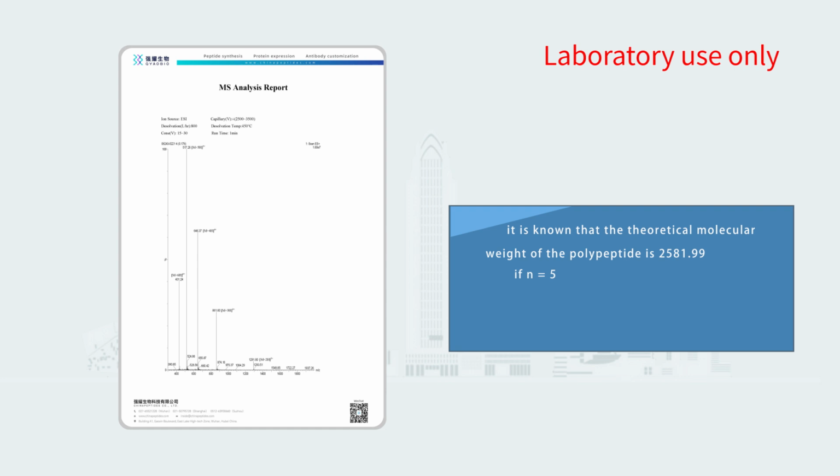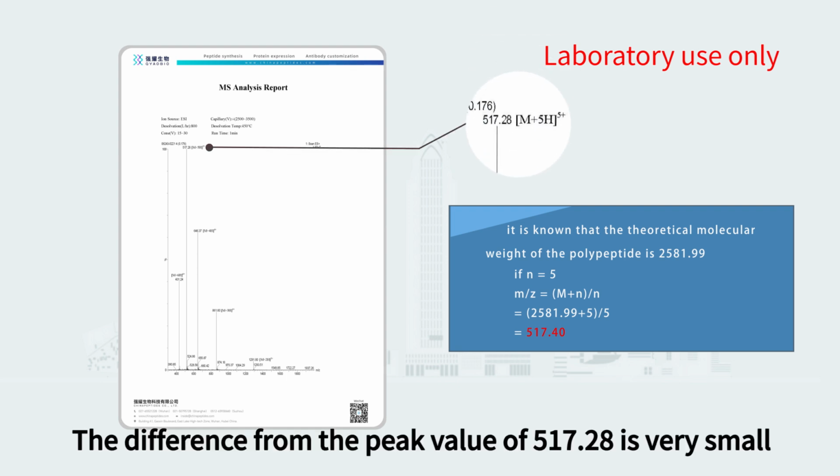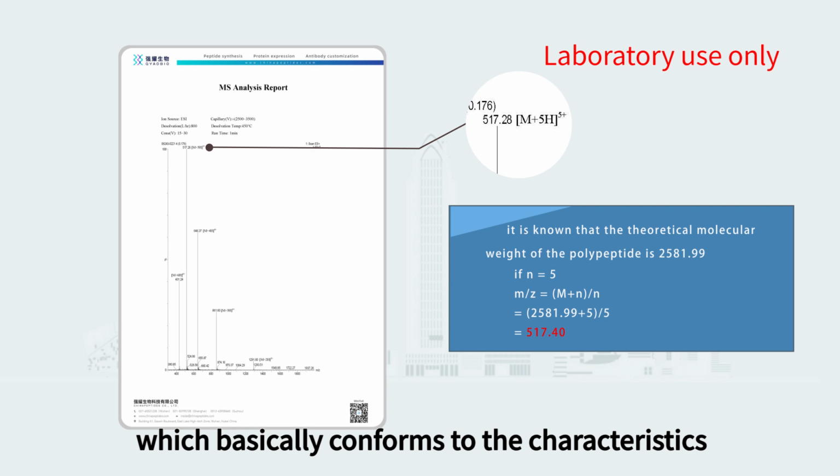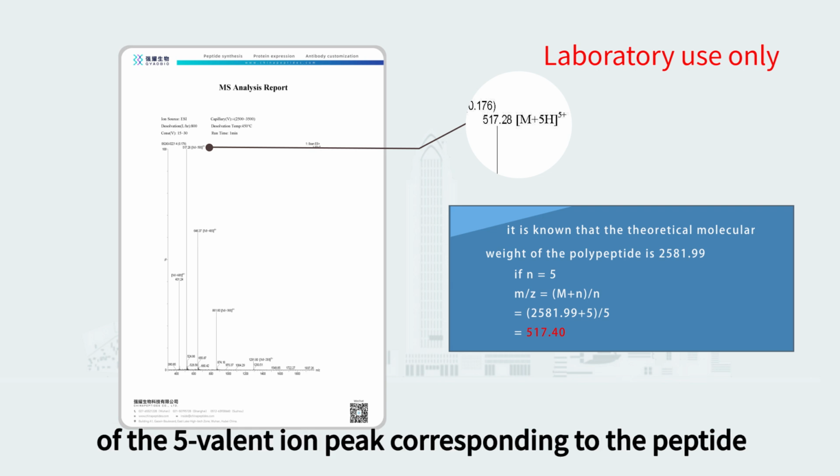If N is equal to 5, the mass-to-charge ratio is calculated using the formula in the positive charge mode above, resulting in a peak value of 517.40. The difference from the peak value of 517.28 is very small, which basically conforms to the characteristics of the 5-valent ion peak corresponding to the peptide.